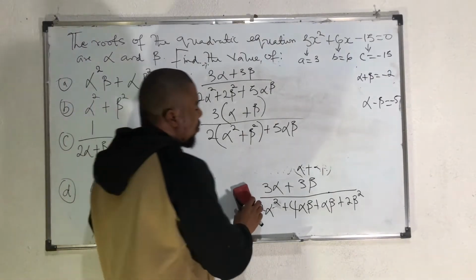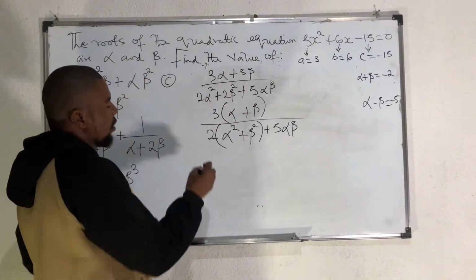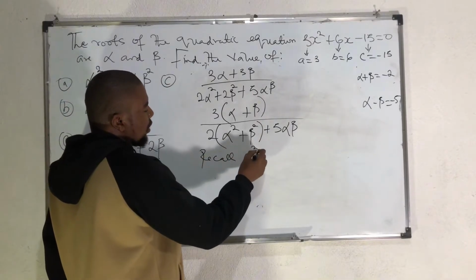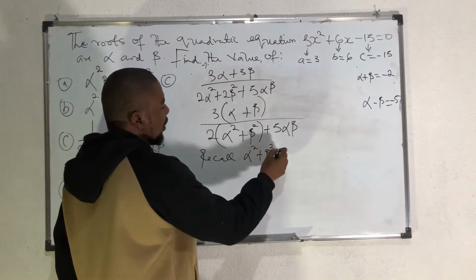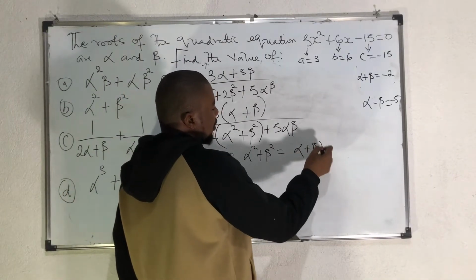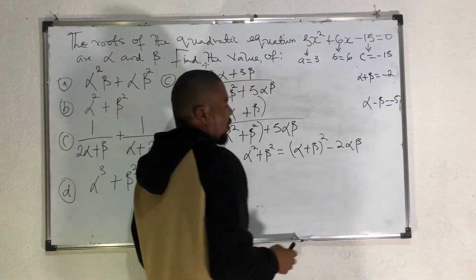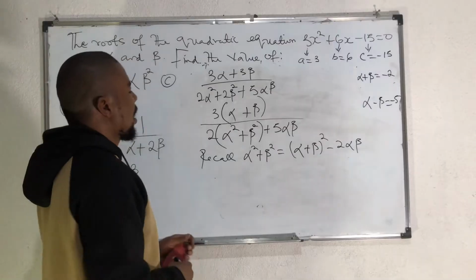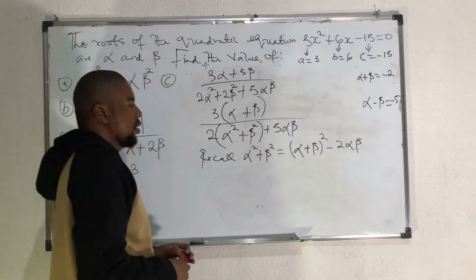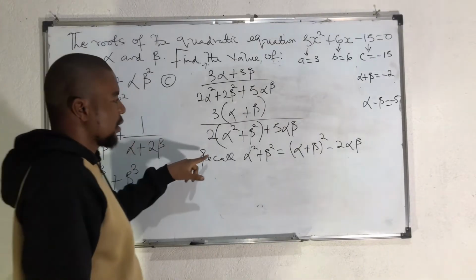Without me solving for it again, I'm just going to replace, because, I would say, recall: alpha squared plus beta squared is equal to alpha plus beta all squared minus 2 alpha beta. Remember that alpha squared plus beta squared is equal to everything here. We did the derivation for the second problem where we got a 14, right?